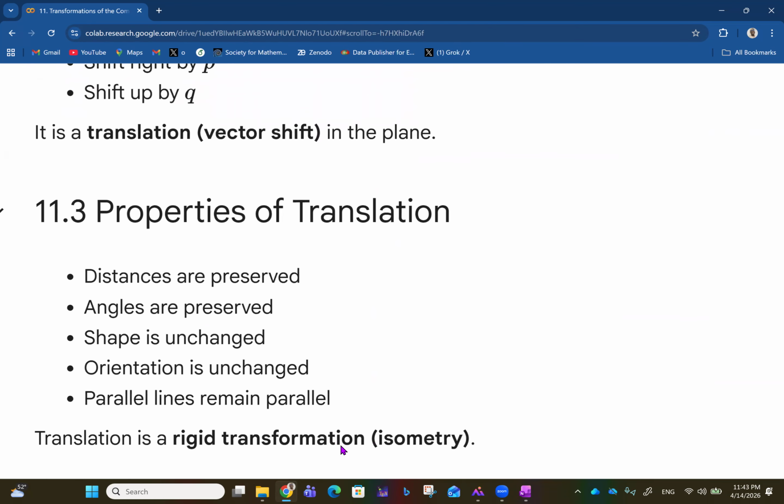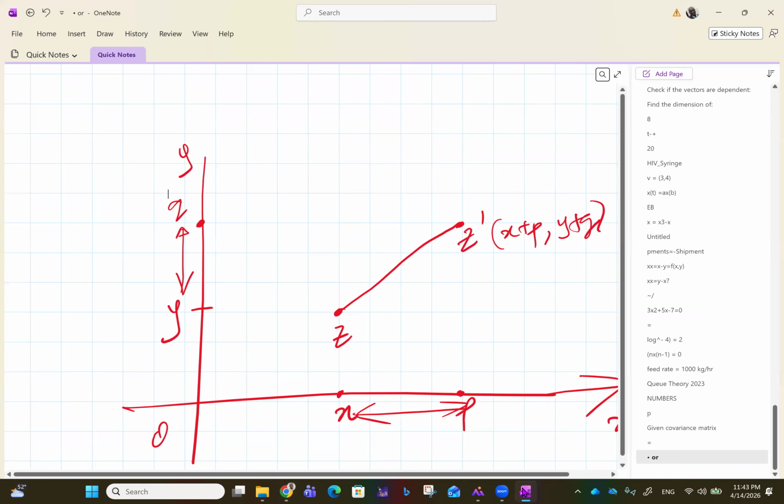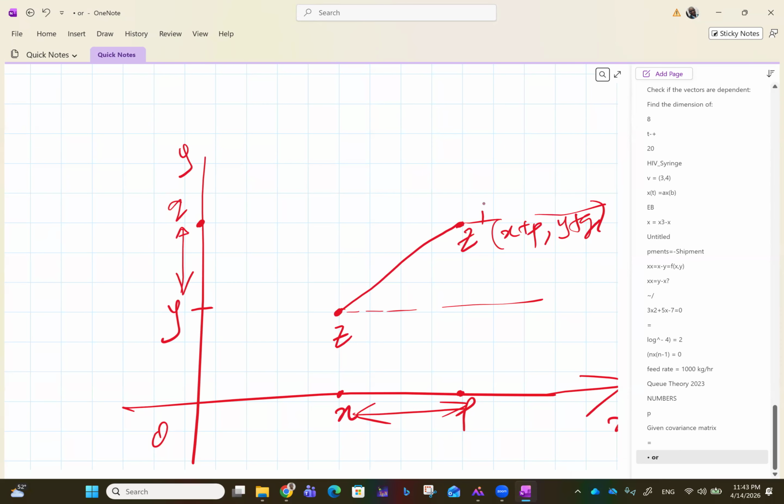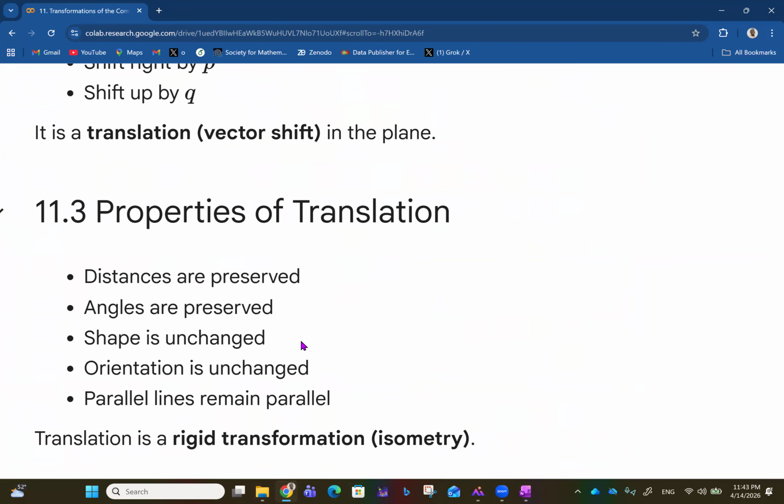So properties of translation: number one, distances are preserved, angles are preserved. As you can see now, the distances are preserved, and this angle remains the same. Shape is unchanged, orientation is unchanged also, and parallel lines remain parallel.